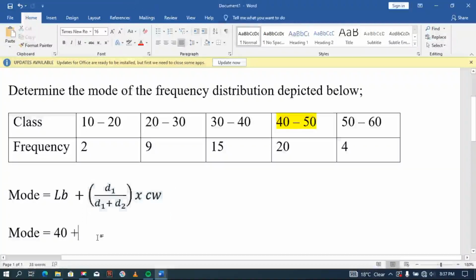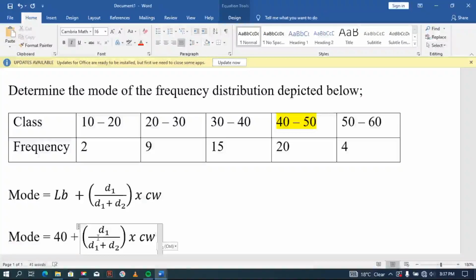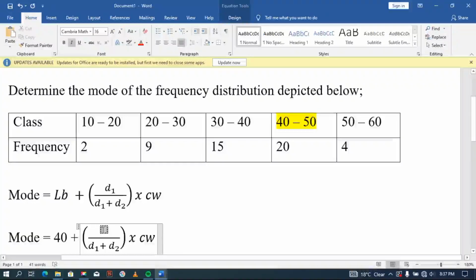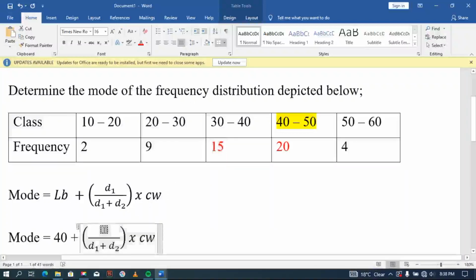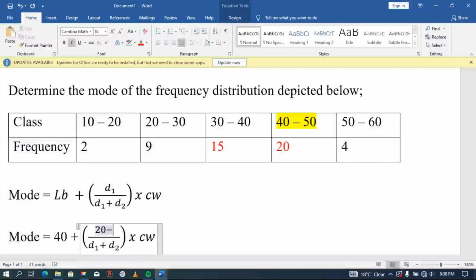Now D1, what is D1? We say D1 is the difference between the modal frequency and the frequency of the class before. If the modal frequency is 20, then the frequency of the class before is 15. The difference between 20 and 15 is what we take to be D1.